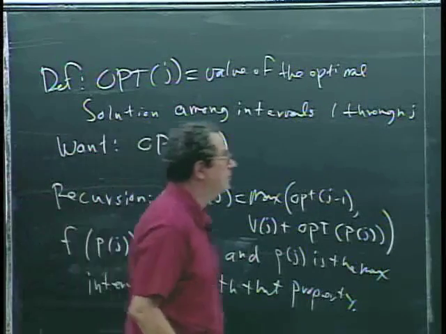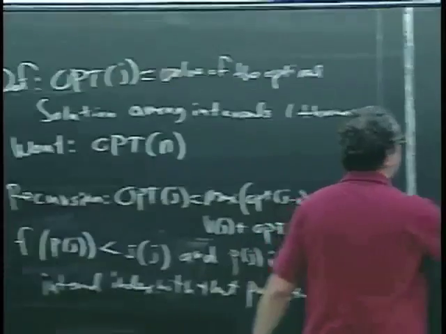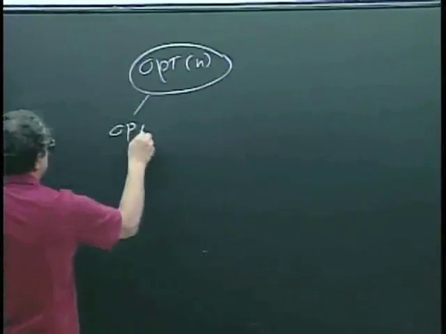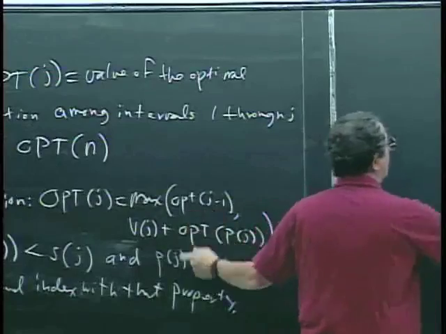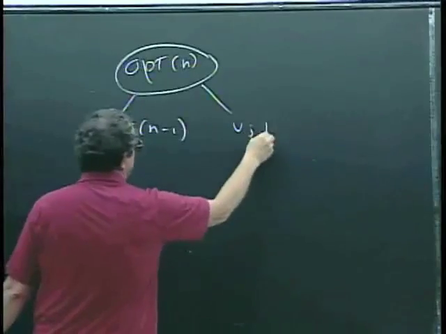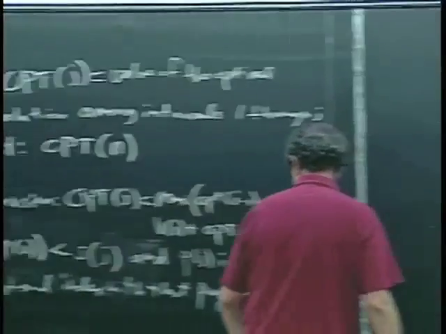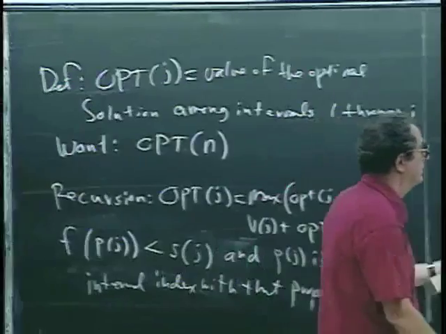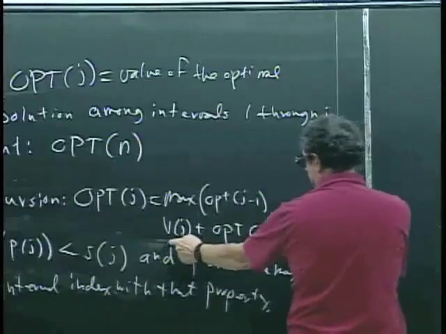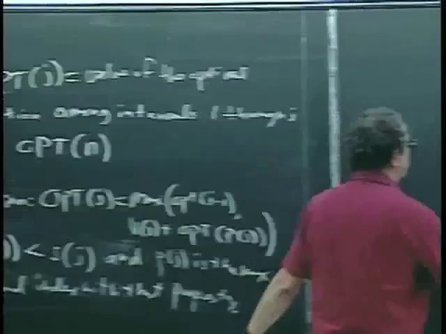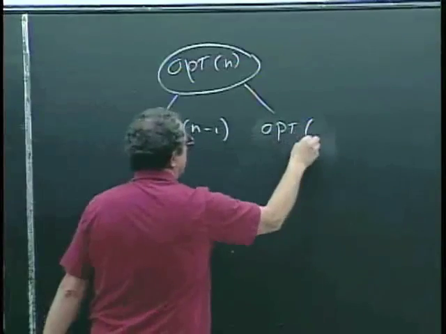Opt of n, based on this recursion, is going to call opt of n minus 1. That's this possibility. Or, because of this part of the recursion, it's going to call opt of pj.